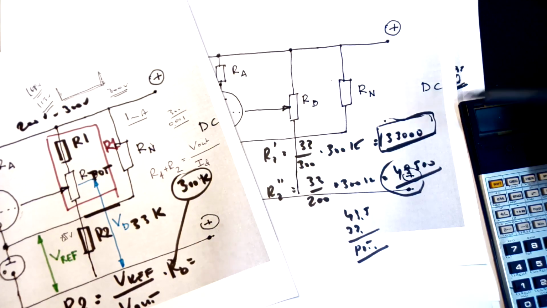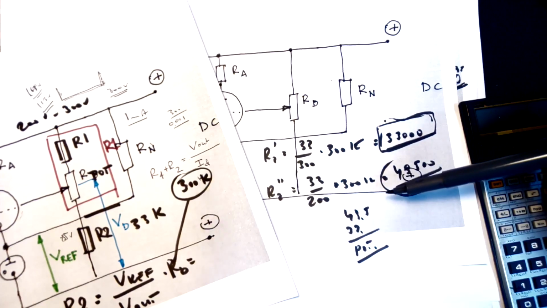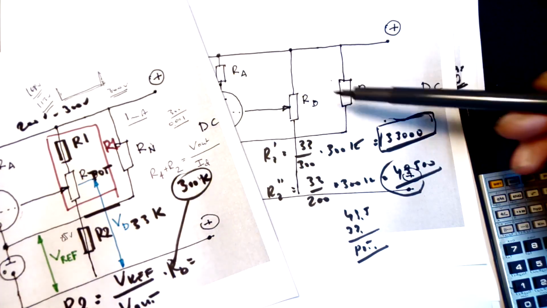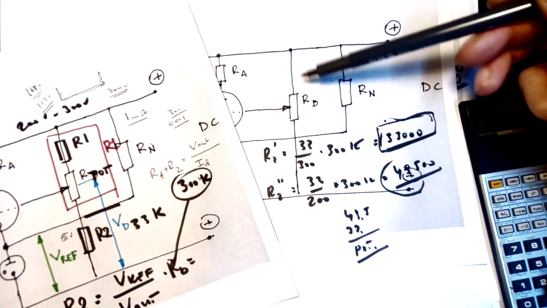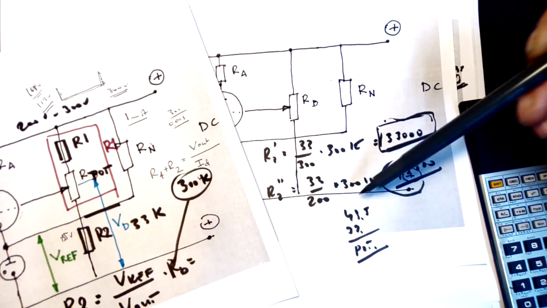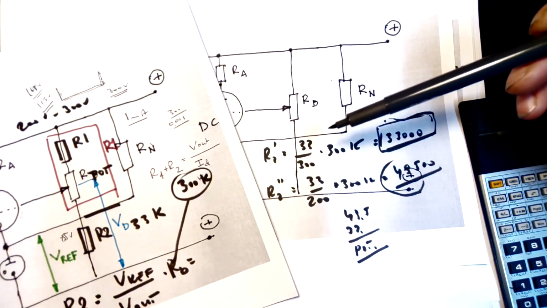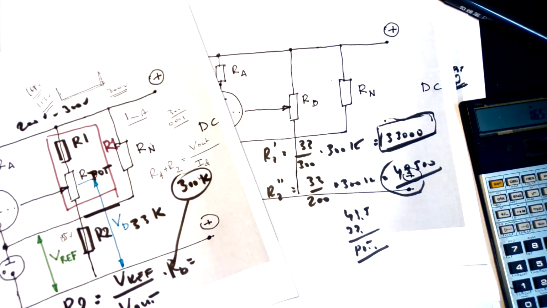So we have to recalculate everything a few times. But when we change the value of the legs of the voltage divider, we also change the current inside the voltage divider. So it's not a short story.